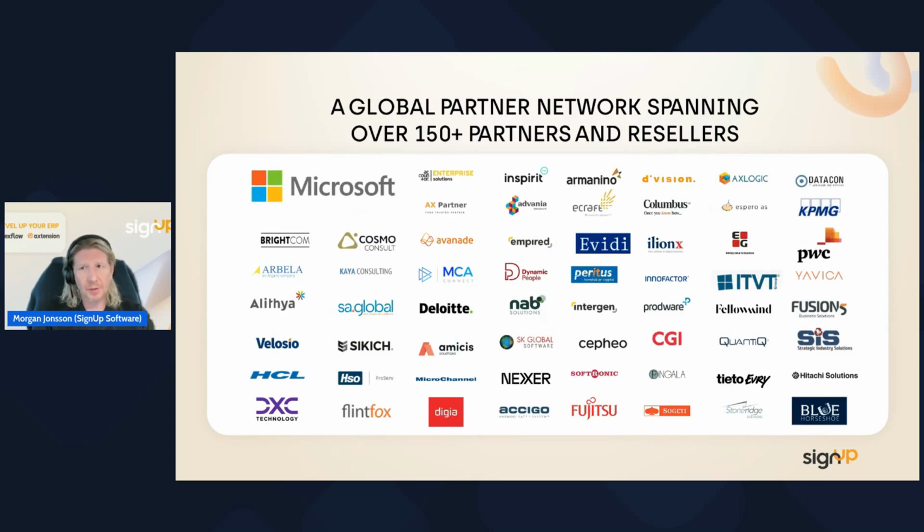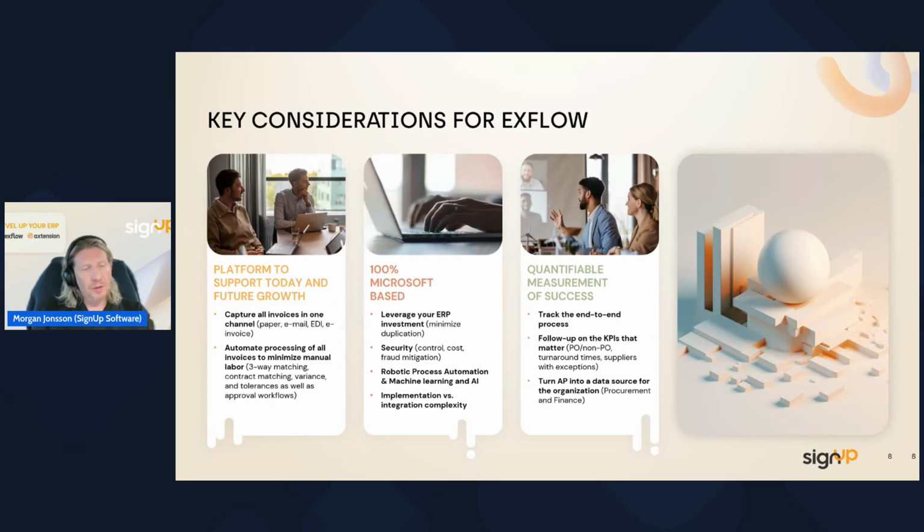And we wouldn't be able to deliver our solution without our partners. Here are some of the partners that we work with worldwide. As I mentioned in the earlier slides, we have over 150 partners we work with to implement and provide our solutions across the globe.